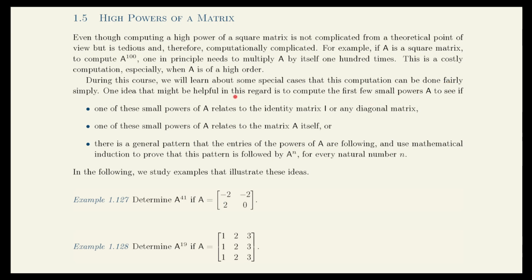One idea that might be helpful in this regard is to compute the first few small powers of A, to see if one of these small powers of A relates to the identity matrix I or any diagonal matrix, or relates to the matrix A itself, or whether there is a general pattern that the entries of the powers of A are following, and then use mathematical induction to prove that this pattern is followed by A to the nth in general for every natural number, yes?